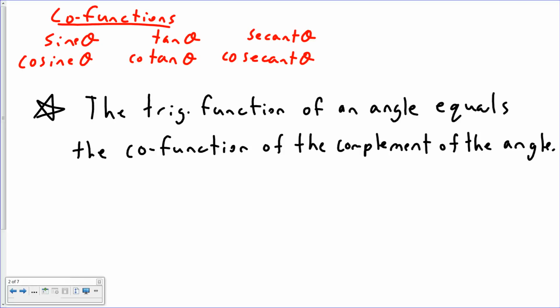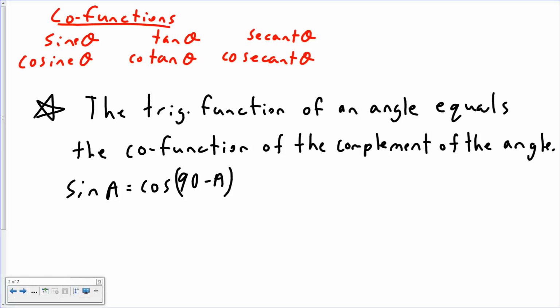So that means I could write down just that. Sine of A equals cosine of 90 minus A. Or what we said is B. 90 minus A and B are the same thing.